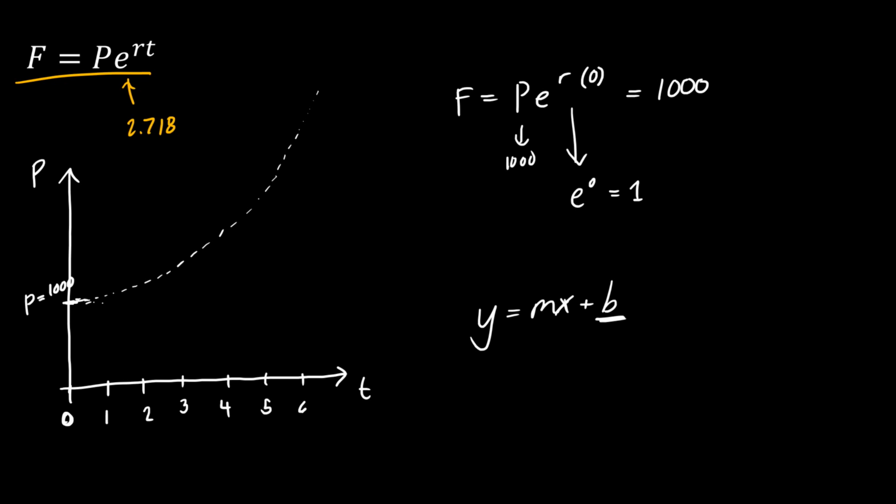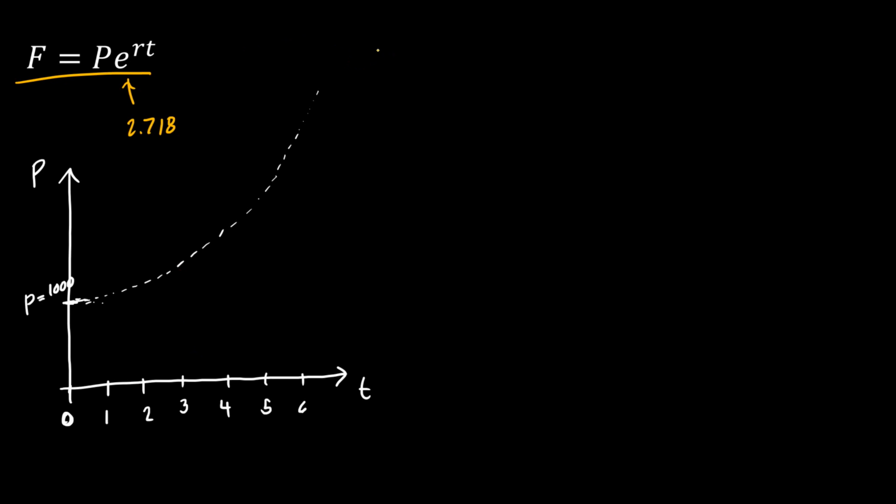This is the equation for the straight line, where b stands for the y-intercept. For this one, P stands for where this trend line intersects the y-axis. Usually in observing population growth, we don't know the value of r, but in order to know it, we need to observe the population at two different time periods.